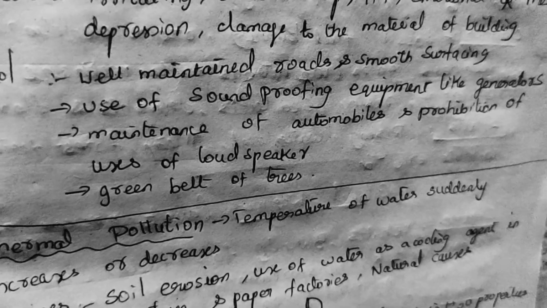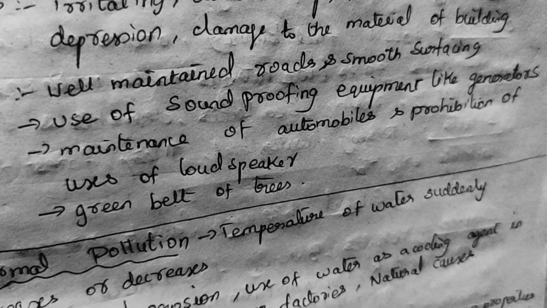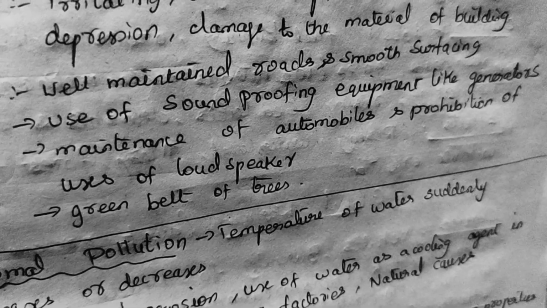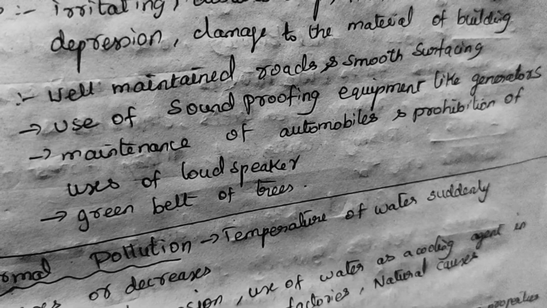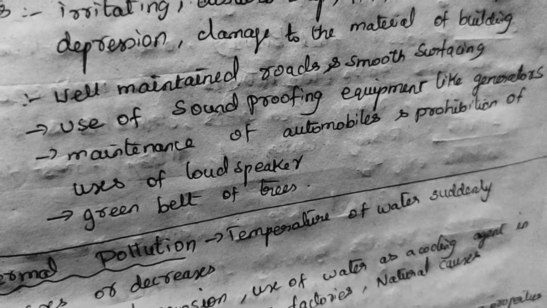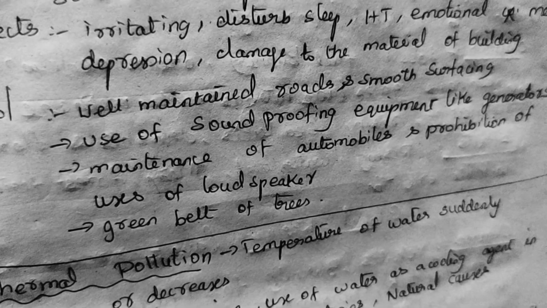Then control: well-maintained roads, smooth surfaces, and use of soundproof equipment like generators, maintenance of automobiles, and prohibition of use of loudspeakers. The main important one, a green belt of trees.